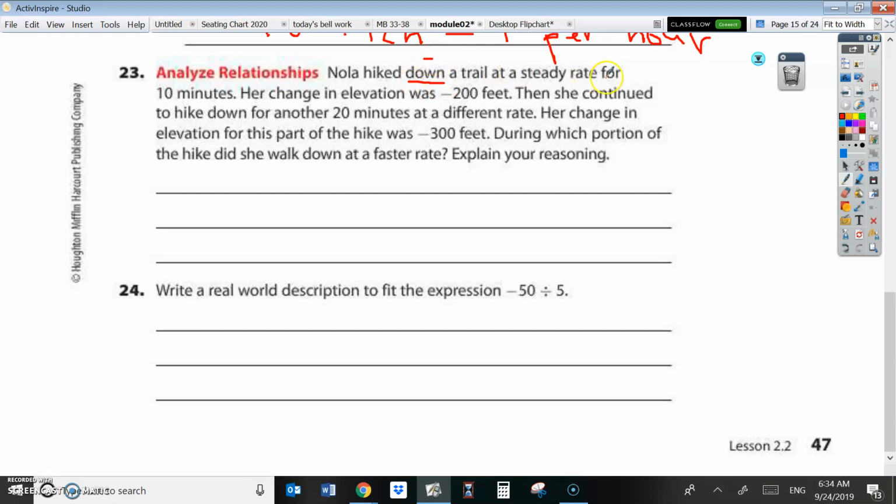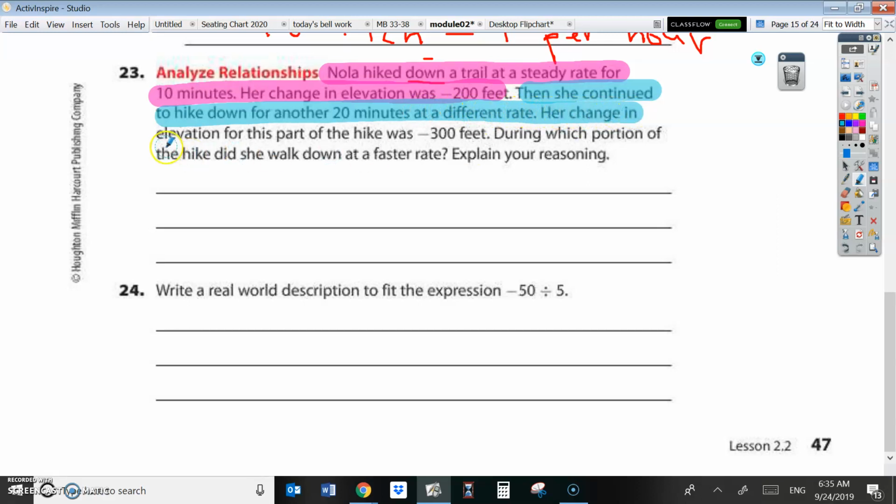A hiker goes down a trail at a steady rate for 10 minutes. Her change in elevation was negative 200 feet. Okay, so there's the first part, and then there's the second part. Then she continued to hike down another elevation for 20 minutes at a different rate.